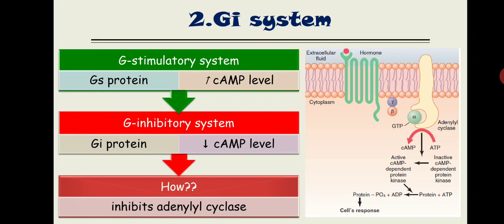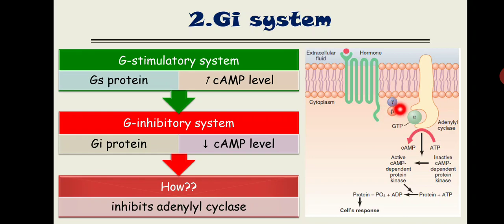Right, so let me revise a little bit of that system. This green color is the G protein coupled receptor. This one is the extracellular domain to which the ligand will bind. This one is the intracellular domain to which the G protein will bind. This is the G protein.